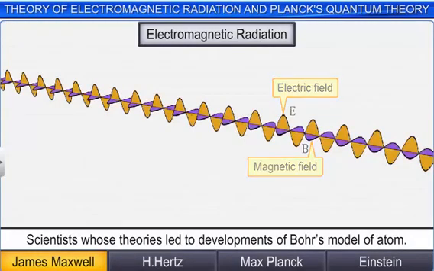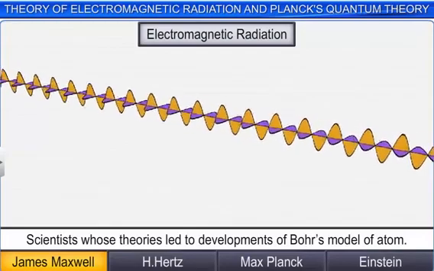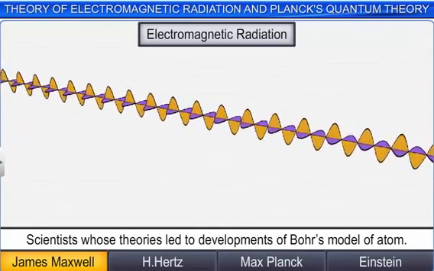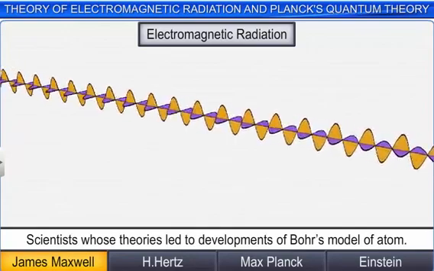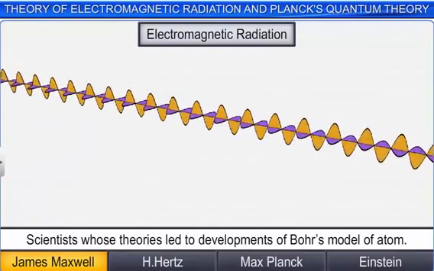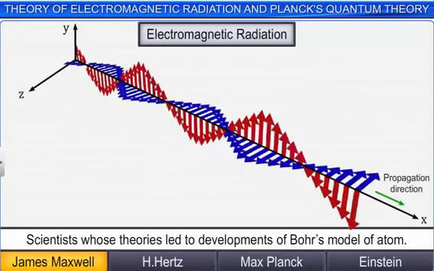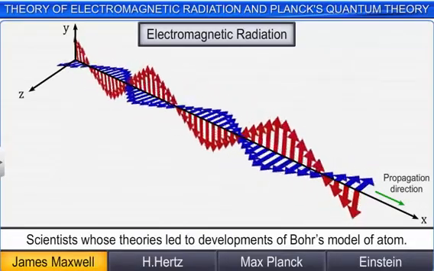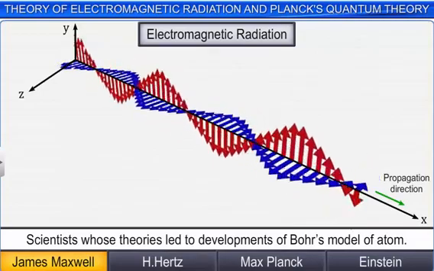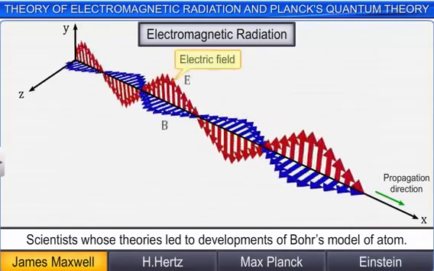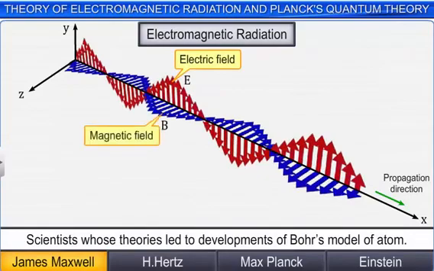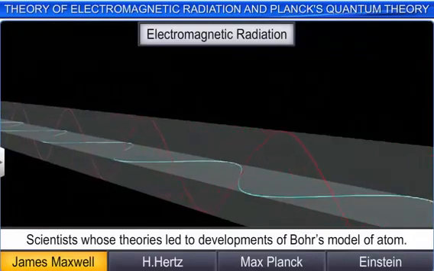Such waves, which are produced due to the periodic motion of charged particles such as electrons, are called electromagnetic waves. This is suggested by James Maxwell. Note that the name electromagnetic radiations is attributed to the waves that consist of oscillating electrical and magnetic properties. An electromagnetic wave can be represented as shown.